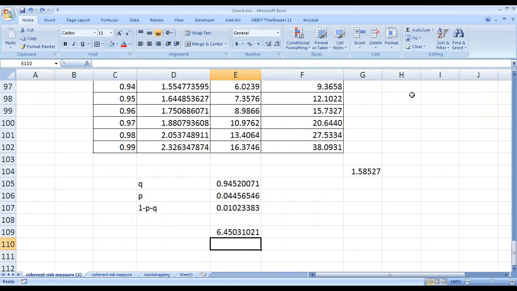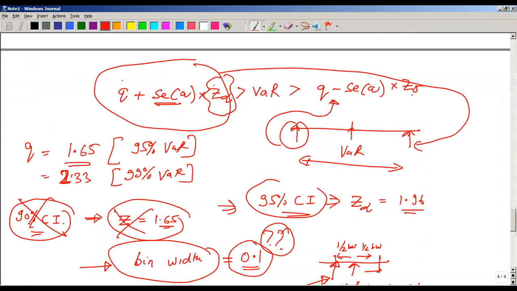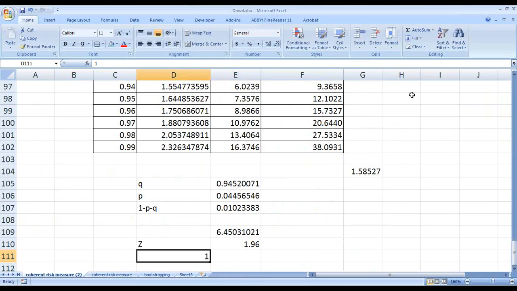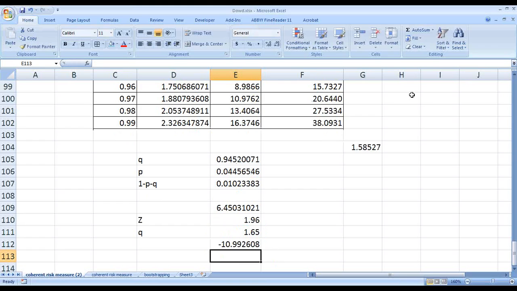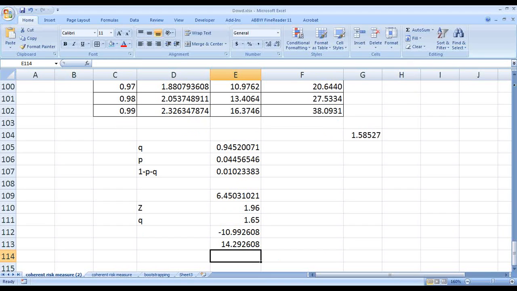The Q value is 1.65. So the confidence interval will be 1.65 minus Z into this, and we also have to do the plus, right?